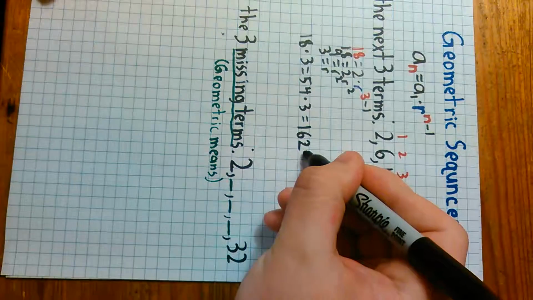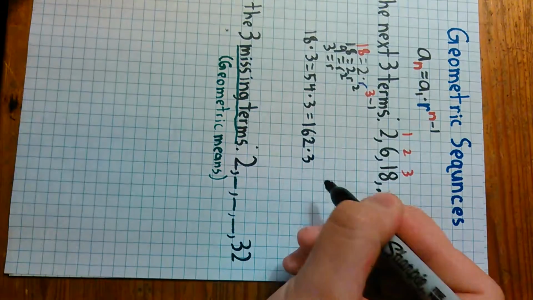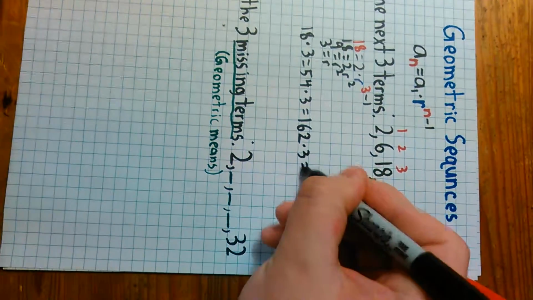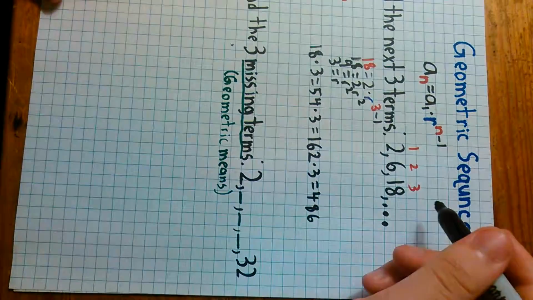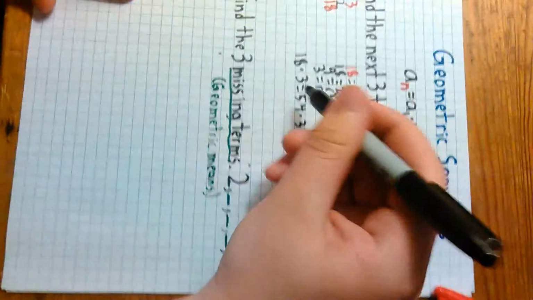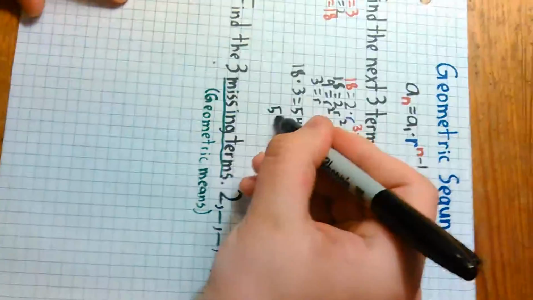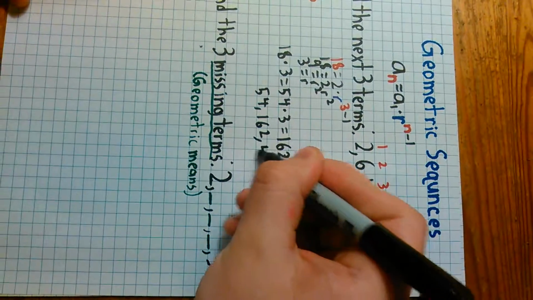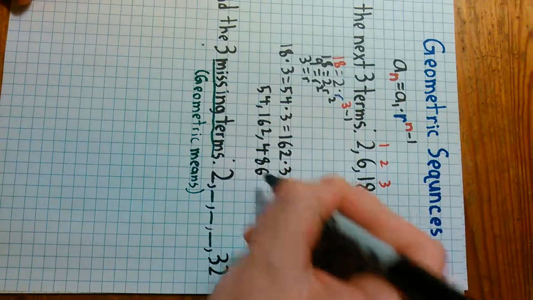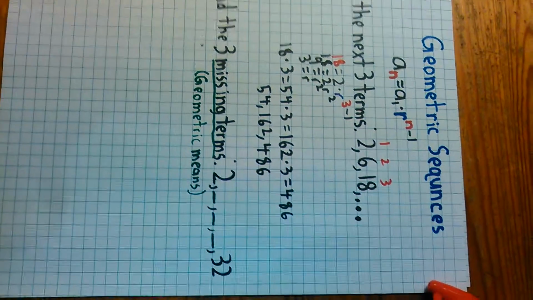And then we multiply that by 3 again, and we get 486. So our last three terms are 54, 162, and 486.